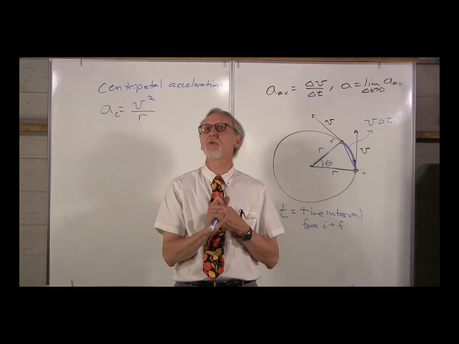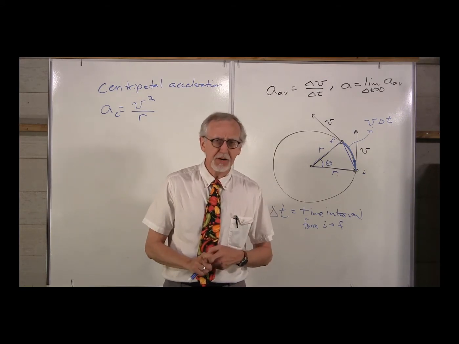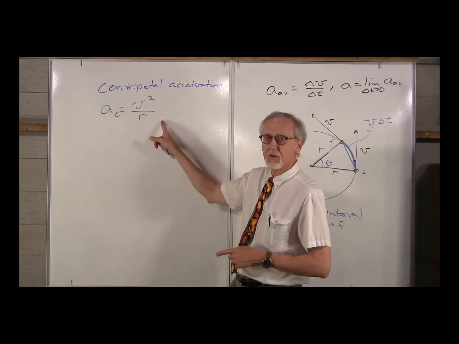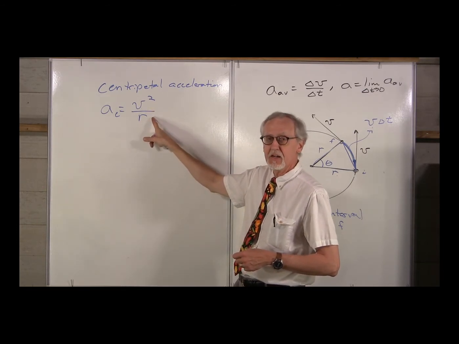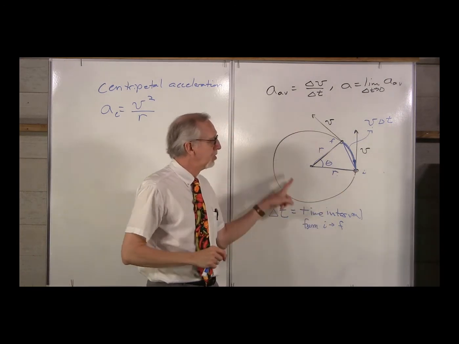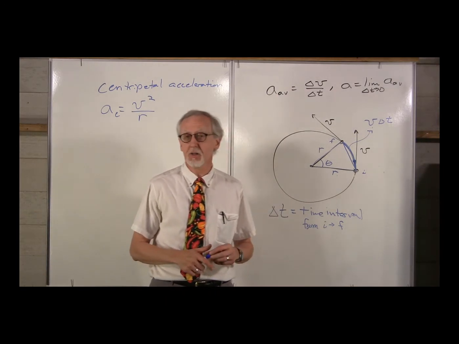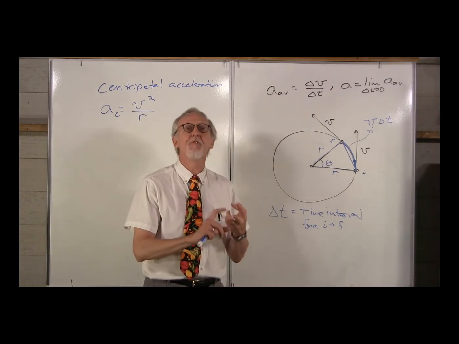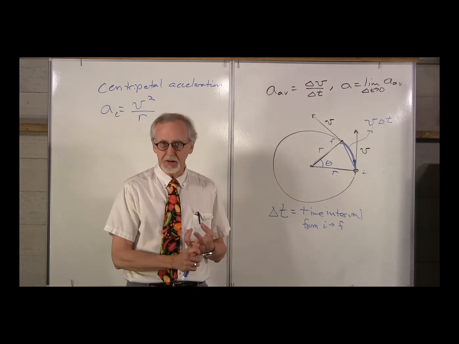It is a centripetal acceleration. Second, the magnitude of that acceleration is v squared over r: the speed of the object squared divided by the radius of the circle. An object undergoing uniform circular motion, in other words, an object moving around a circle at a speed v with a radius of the circle r, is accelerating.